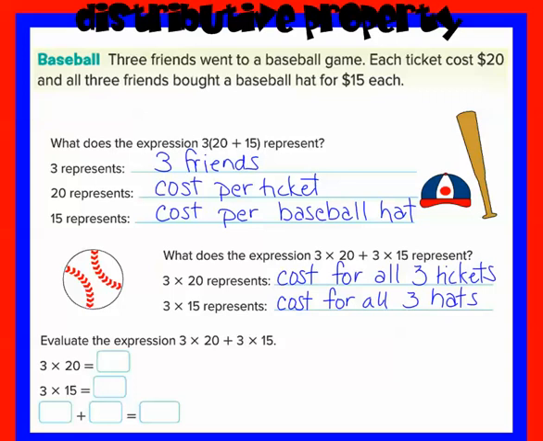Well, $20 3 times is going to be $60. 15 times 3, the cost for 3 hats, will be $45. So when we put those two numbers together, we get a sum of $105. Now that's the amount that the 3 friends spent all together, the cost of the tickets and the cost of the hats combined.